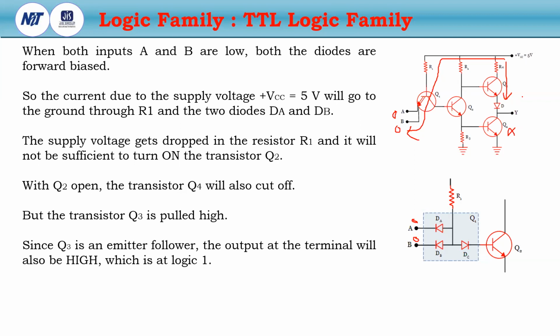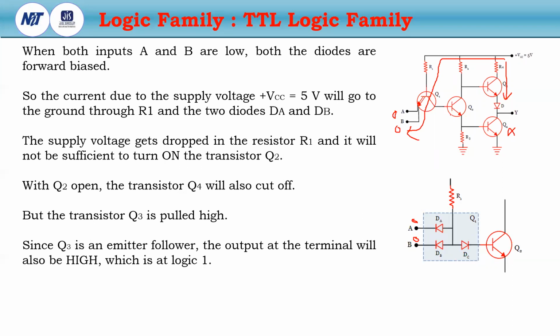Okay. I repeat again. If both the inputs are logic 0, then DA and DB are in forward bias. So the current will flow through R1 to DA and DB to the ground. So there is not enough voltage to drive the transistor Q2.